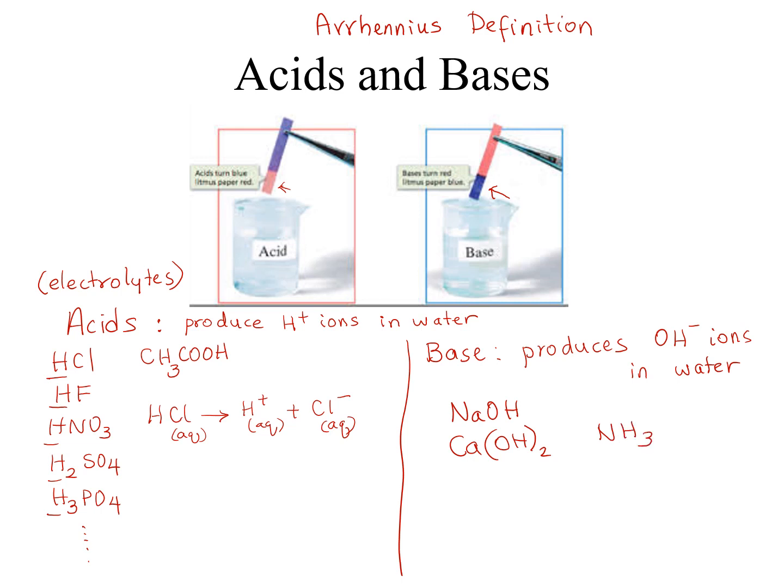So you can see most of the bases have hydroxide ions, and when they dissolve in water, you're going to get hydroxide ions. So since you produce ions here as well, bases also will be electrolytes.